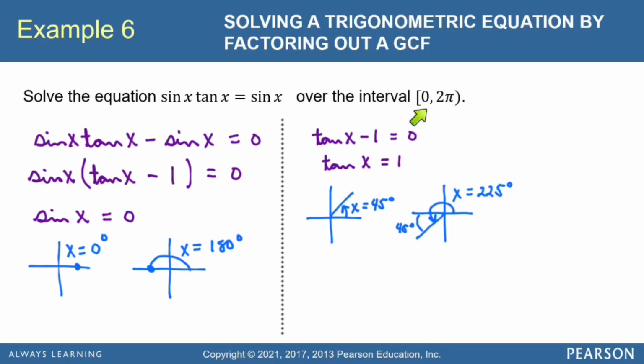And now, because they asked us to state the solution set in radians, we'll have to convert each of these 4 solutions to radians. So 0 degrees is equal to 0 radians, 180 degrees is equal to pi radians, 45 degrees is equal to pi over 4 radians, and 225 is 5 times 45, so that would be 5 pi over 4 radians.